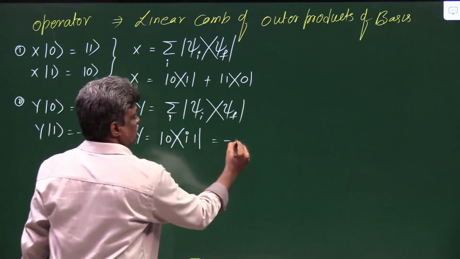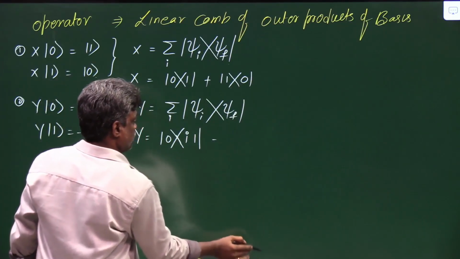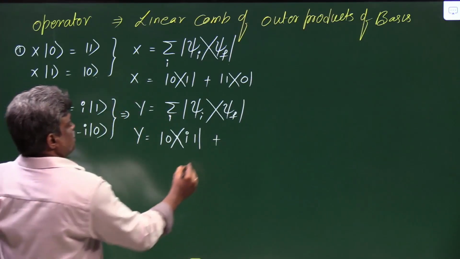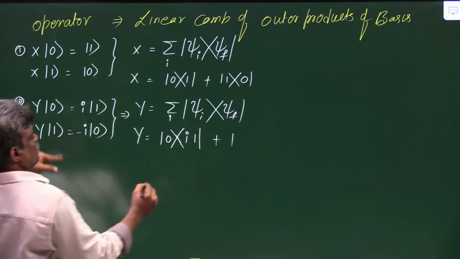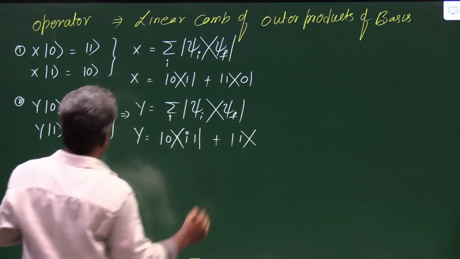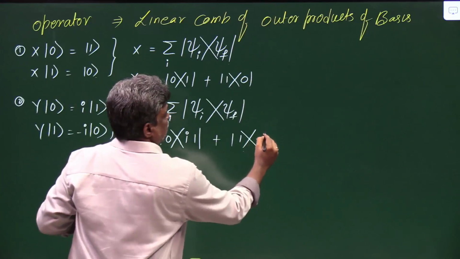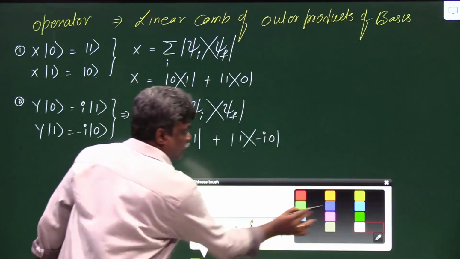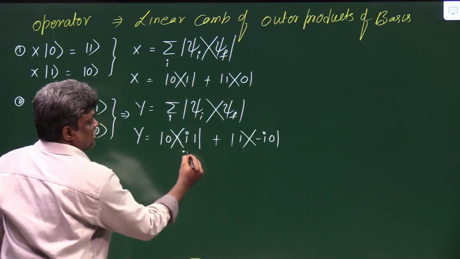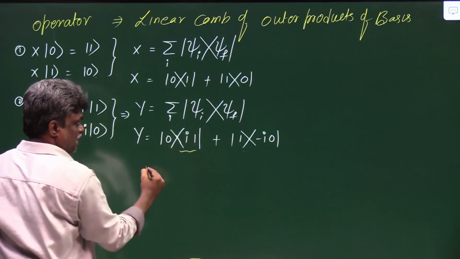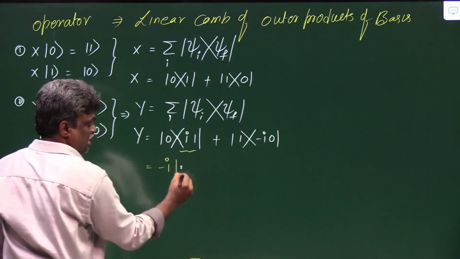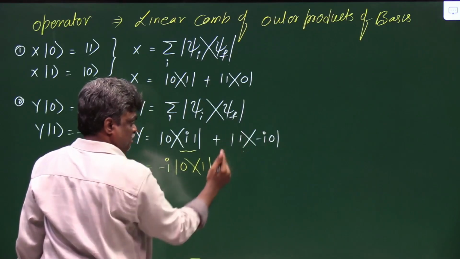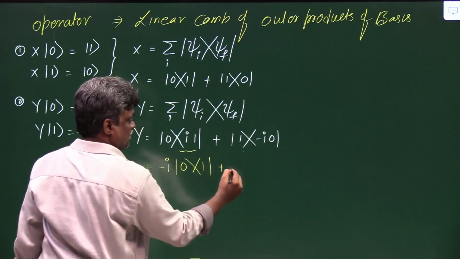So that's why this is a minus iota. Plus next, the initial state here is 1 and the final state is minus iota 0. You have to take this constant also, and we know already that whenever there is a constant inside the bra vector, you will get a complex conjugate: minus iota 0 1 becomes the complex conjugate, which is iota.